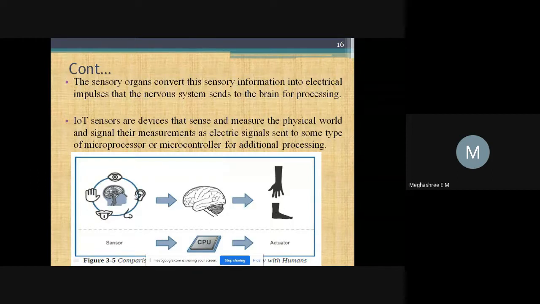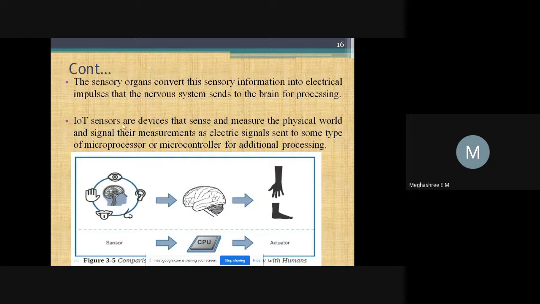In the same way, this is compared with the sensors and the actuators. Sensors sense and pass the sensory information to the processing unit, say a CPU, and this will tell what action needs to be taken for this sensed data. That is the actuator.